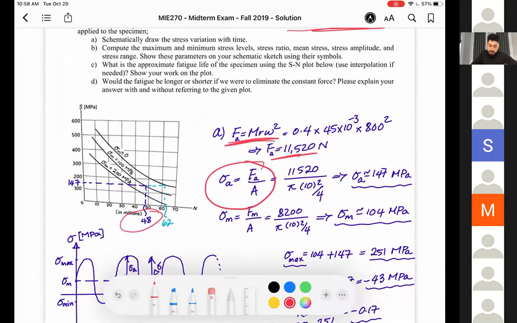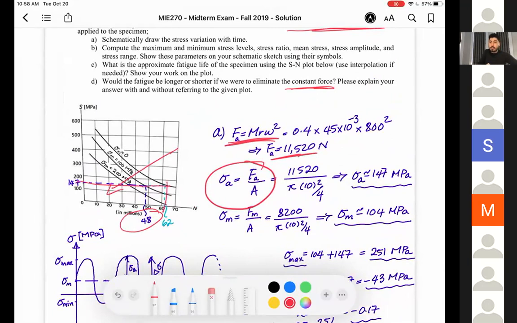Part D, would the fatigue life be longer or shorter if we eliminate the constant force? That was the schematic that we sketched in tutorial quiz number 2. Knowing that the mean stress increases in this direction, if we eliminate the mean stress, meaning it's a mean stress of 0, we know that our force amplitude is generally going to go up to the left, right?